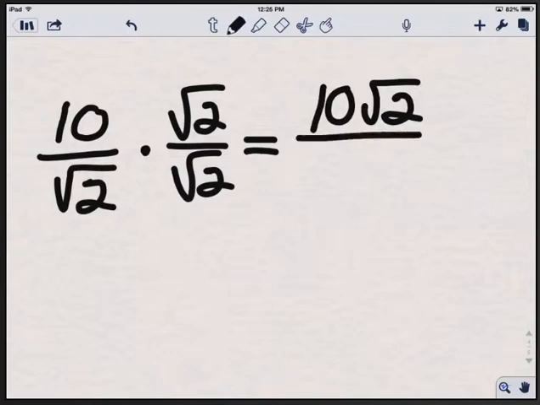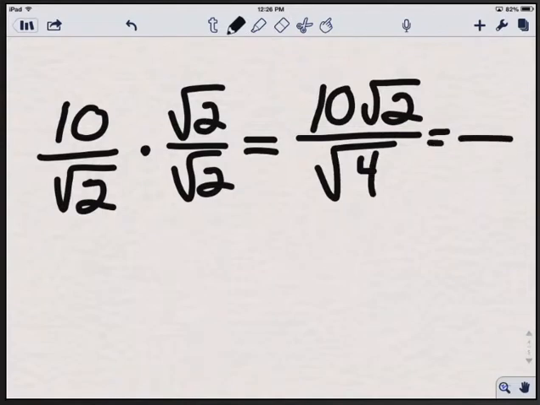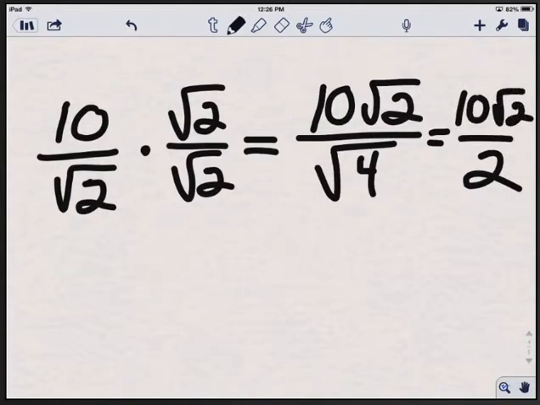Over, like we just did on the previous problem, the square root of 2 times the square root of 2, which by definition equals 2. But most people don't recognize it as such, so if you have to, say the square root of 2 times the square root of 2, they're both under square root symbols, so multiplied it equals the square root of 4, but then you should recognize that the square root of 4 does equal 2. So you get 10 times the square root of 2 over 2.